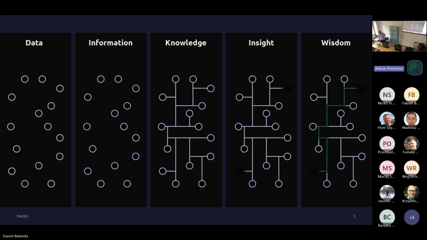And then again, another picture represents this, but in terms of data points itself. So we may see that the more connections we have, the higher on the pyramid we are.